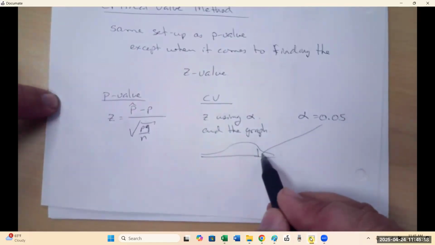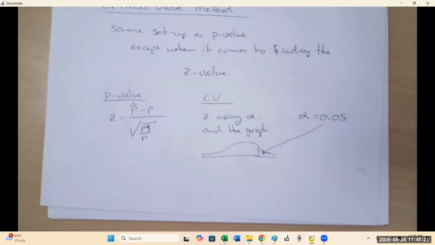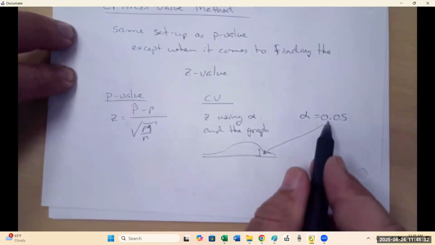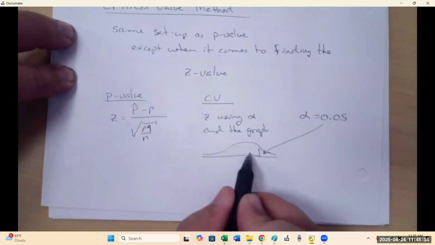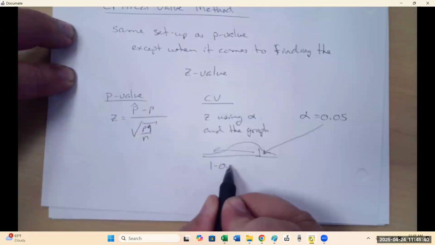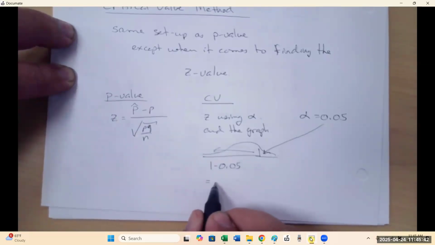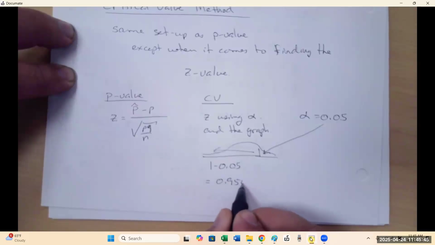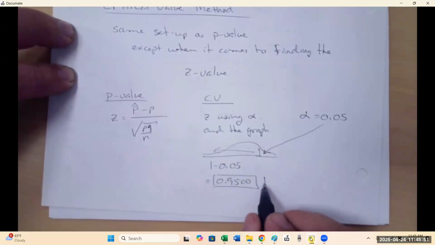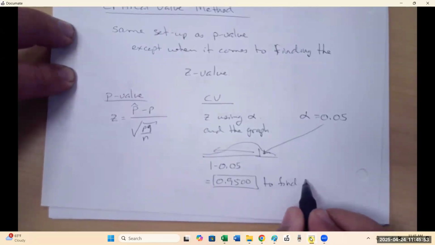Alpha is this, the critical region. And if that's our alpha, then what's this area here? 0.9500. We use this to find the z value.